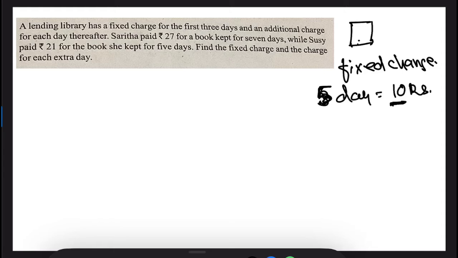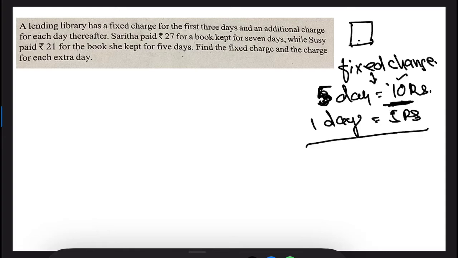If you keep it 3 days also, I will take 10 rupees. If you keep it for 1 day also, 10 rupees. If you keep it 4 days also, 10 rupees. That's why it is a fixed charge. Suppose I keep it for more days, then thereafter for each day I will charge 5 rupees. Then they will say, okay.